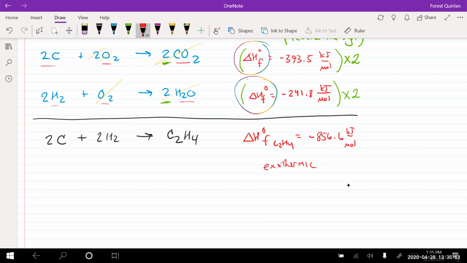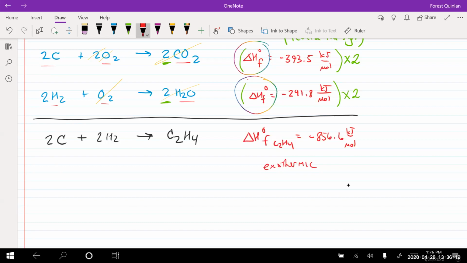So what we've done here is taking the parts and the wholes to either solve for the whole thing or solve for a piece of the missing puzzle. And this is exactly how they do a lot of these heats of formation. It's kind of unreasonable to think that you could throw some carbon and hydrogen into a room, do something, and say, why don't you make some ethylene gas?